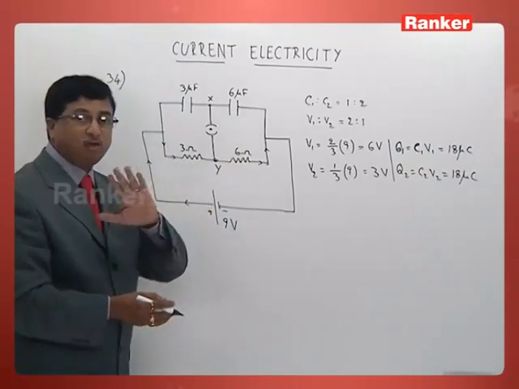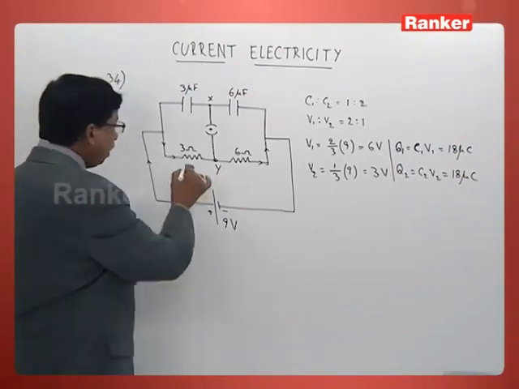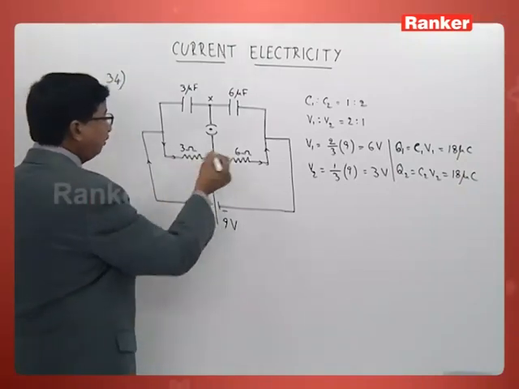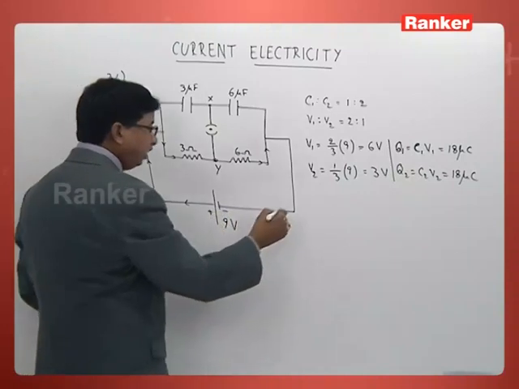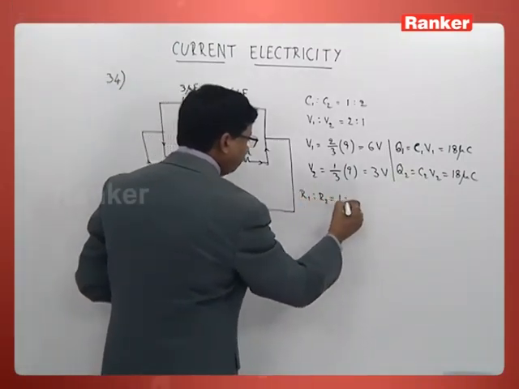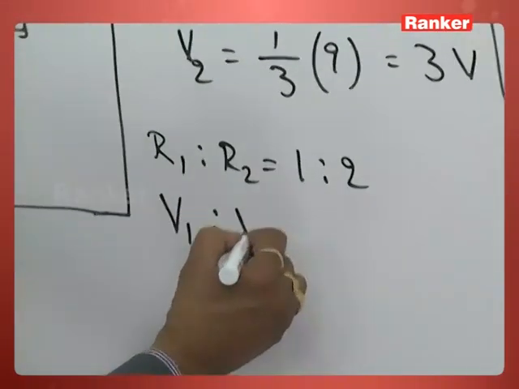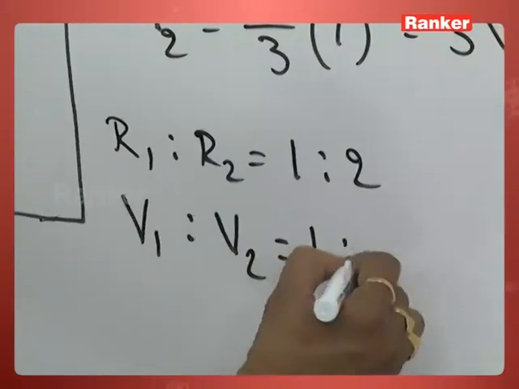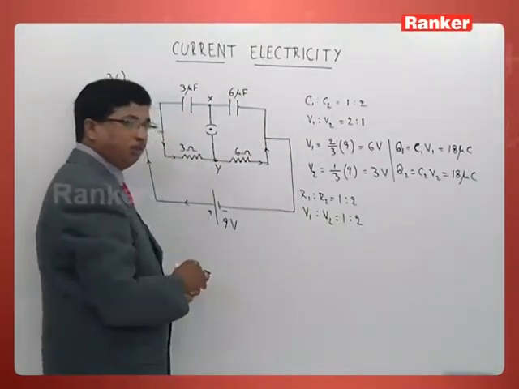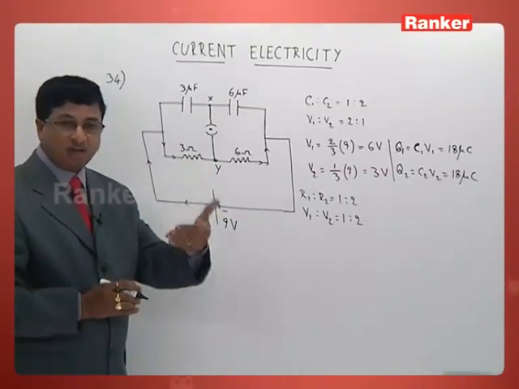So straight away you can understand the current across this one is 1 ampere. In fact, that we don't want it here. What we just want is the ratio of their resistances. If you take R1 is to R2, now becomes 1 is to 2. But what would be V1 is to V2 now? This is also 1 is to 2. Because V is equal to IR when I consider Ohm's law.